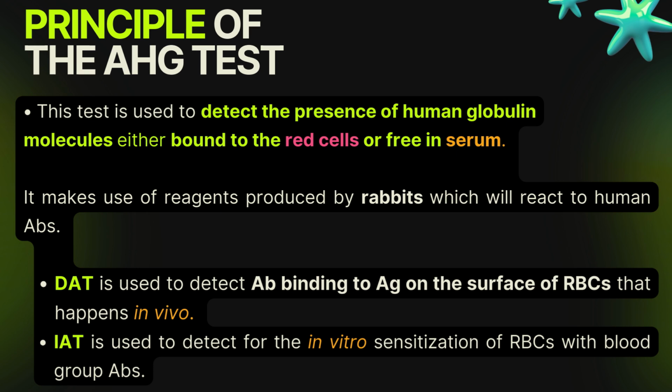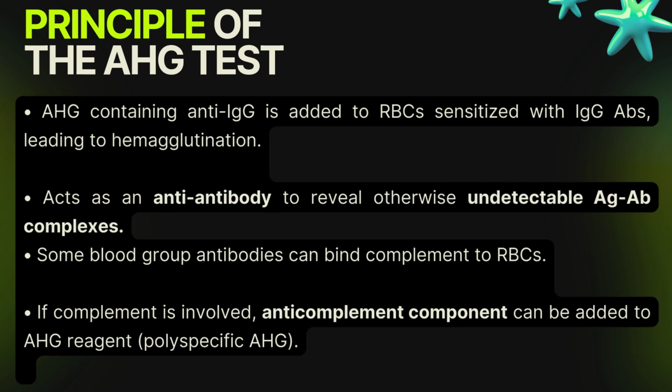And then understanding these principles helps us ensure safe blood transfusions, guys, and diagnose conditions like hemolytic anemia efficiently. So it's really essential for us to understand how our AHG testing works and what are its applications in the clinical setting. So let's begin.